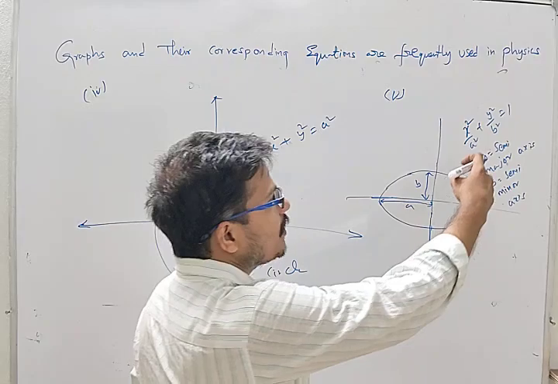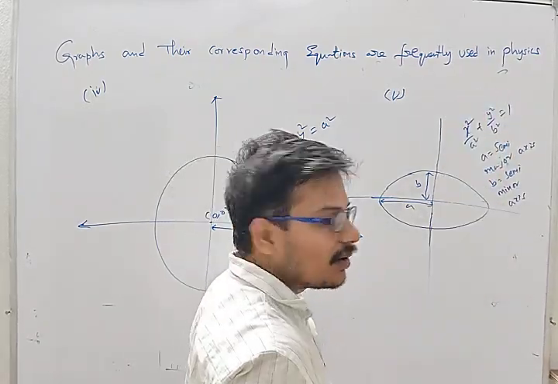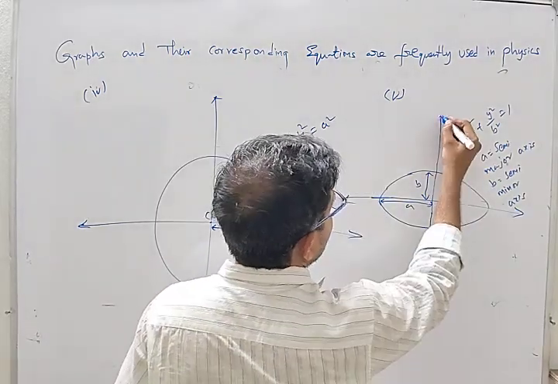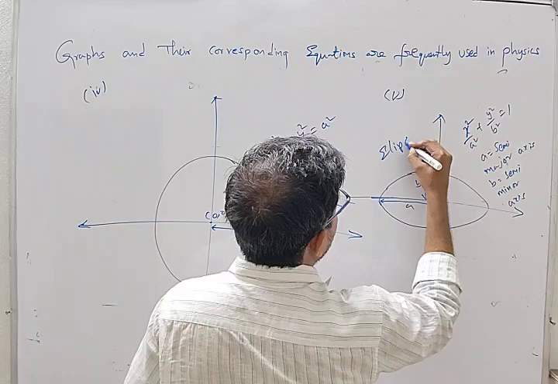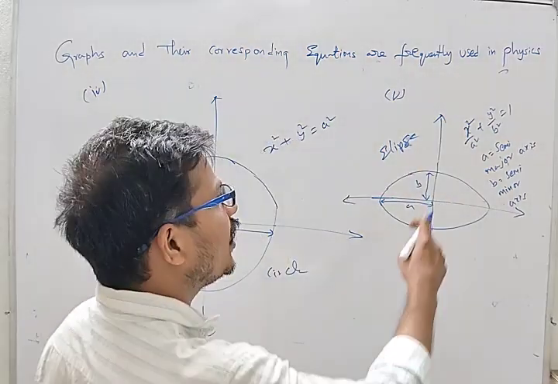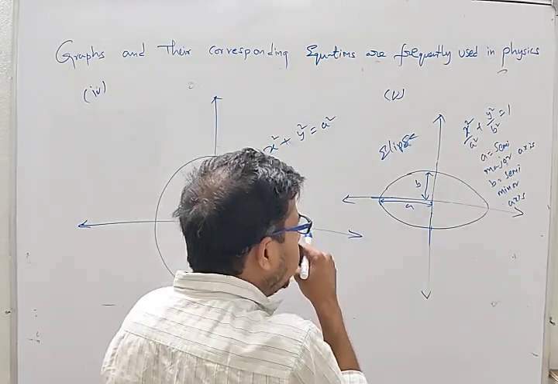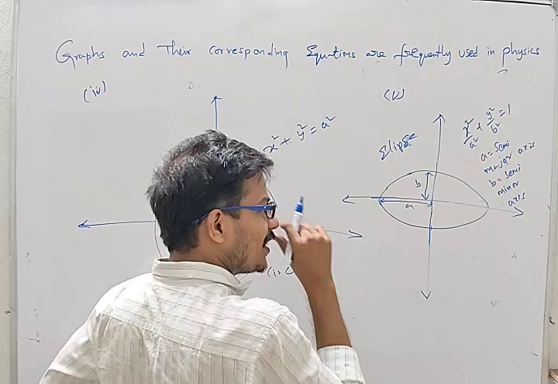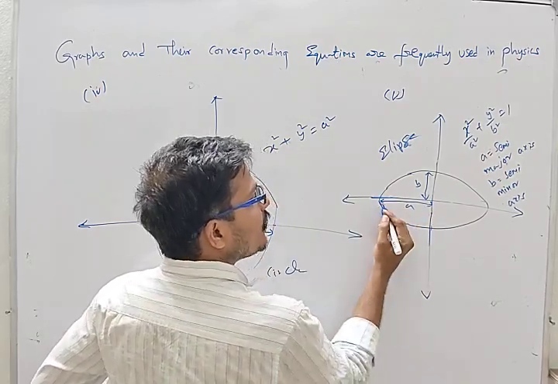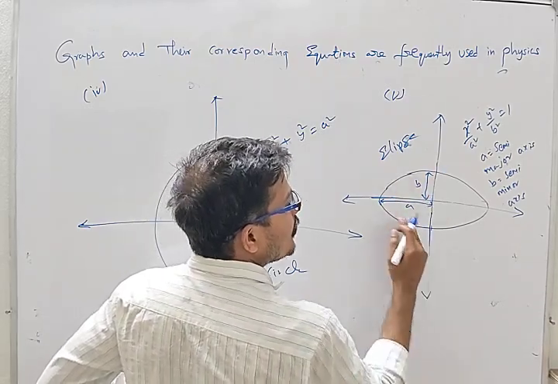x square by a square plus y square by b square is equal to 1. This type of equation gives an ellipse. Okay, ellipse, and here circle. In the ellipse case, we have two types of parameters. First one is the semi-major axis. Semi means half.